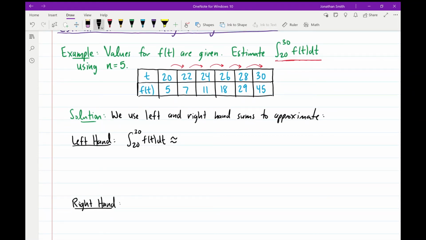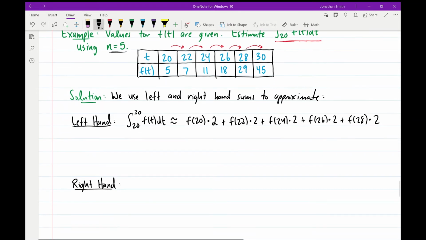Okay, so I'm going to look at f of 20 times delta t, the width of each of these subintervals, which is going to be 2 in every case, plus f of 22 times 2, plus f of 24 times 2, plus f of 26 times 2, plus f of 28 times 2. So this is my left-hand sum, where I'm using 5 different smaller subintervals from t equals 20 to t equals 30, and this is going to approximate the definite integral.